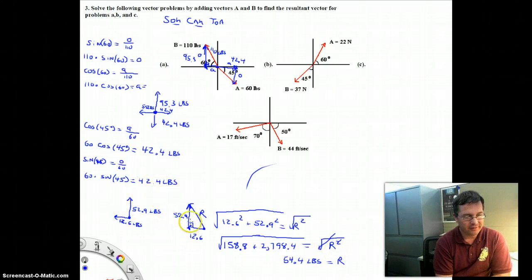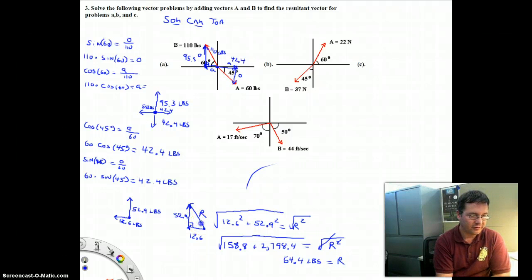Now you have to think, is that reasonable? I mean, after all, we've got vectors with forces of 110 pounds in the original and 60 pounds. But what you have to remember is that components are canceling each other out, so that as we look at this free body diagram, it becomes clear that yes, this is an appropriate magnitude.